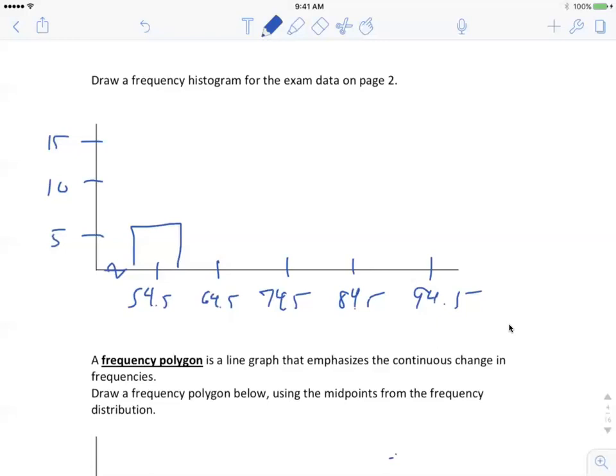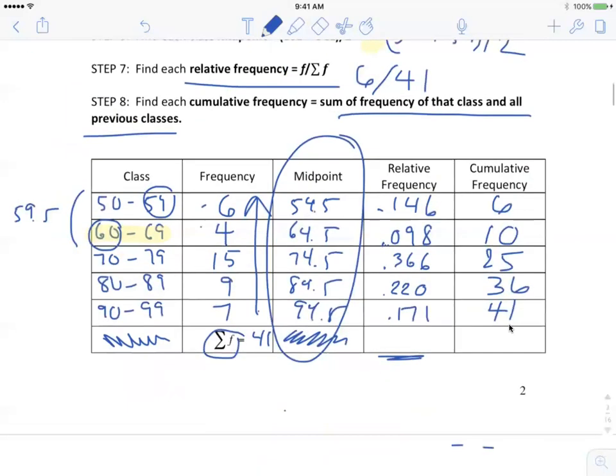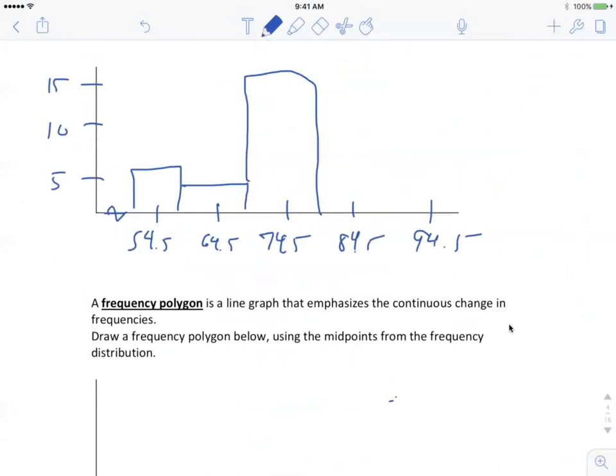So that's going to go down. The next one, we were up to 15. And then 9, and then about 7. Okay. And there's your frequency histogram.